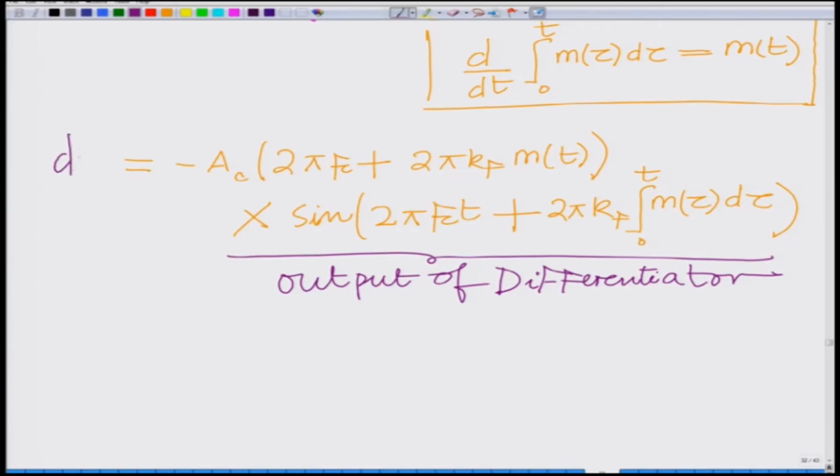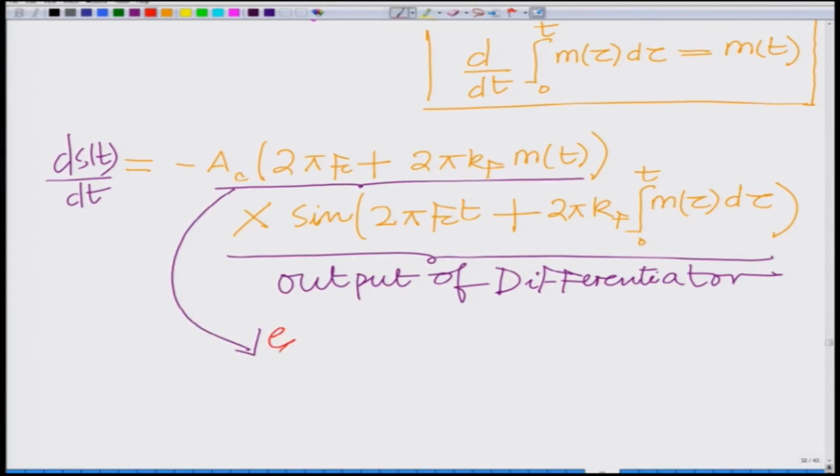That is basically your dst by dt. Now, look at the output of this differentiator. The envelope of the output is a sinusoidal signal.